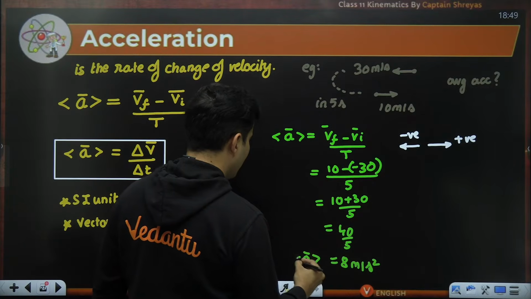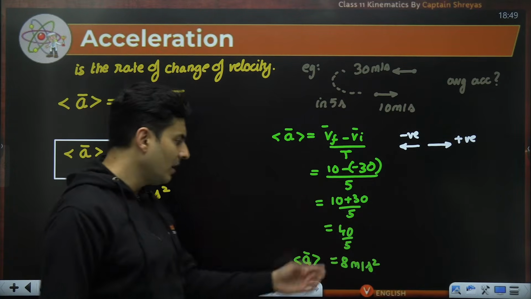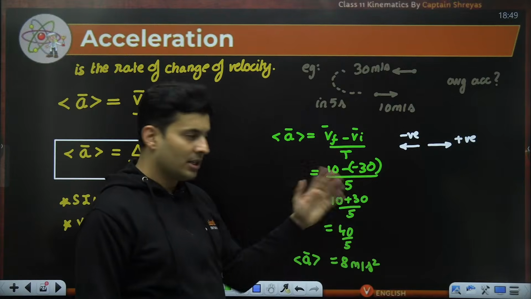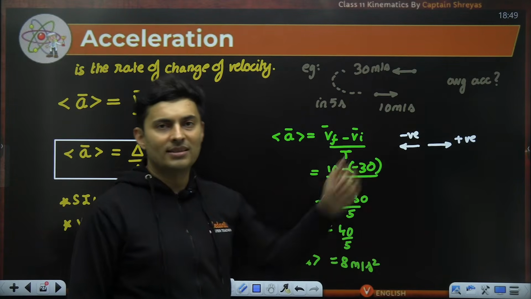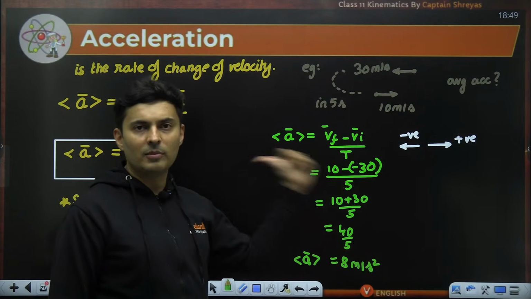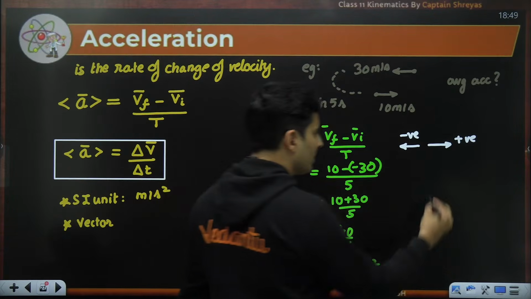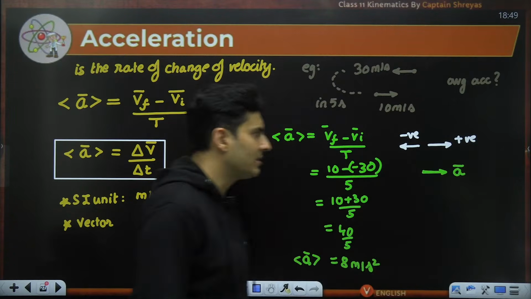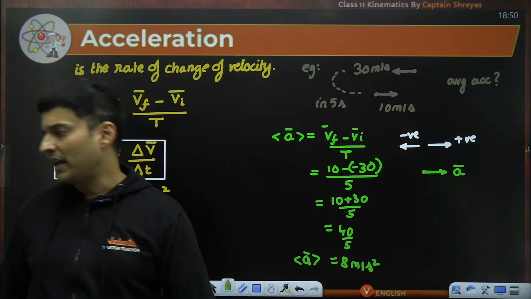Now, since I got the acceleration as 8 meters per second square, which by chance is positive, which means the acceleration direction is towards the right side. If I got the acceleration as minus 8, then the acceleration will be towards this side. So in this situation, the acceleration of the particle is towards your right hand side, which is the assumed positive direction.